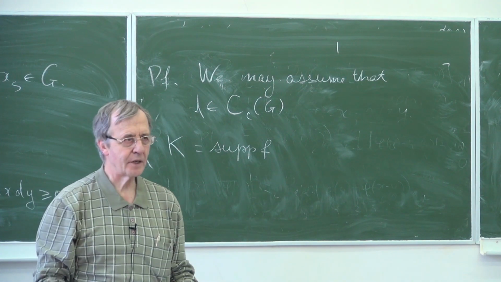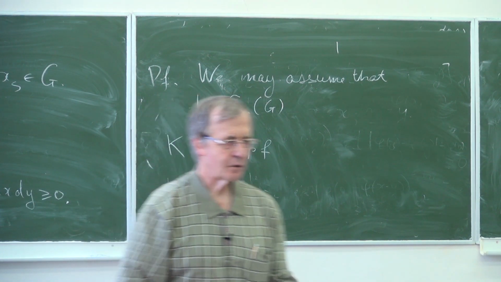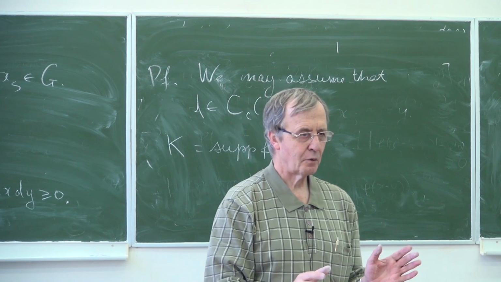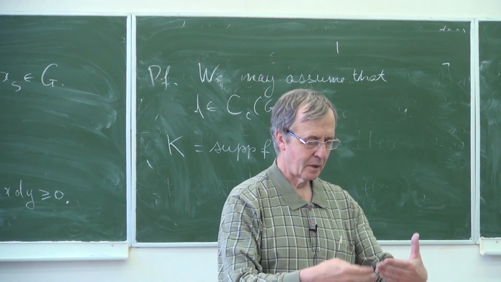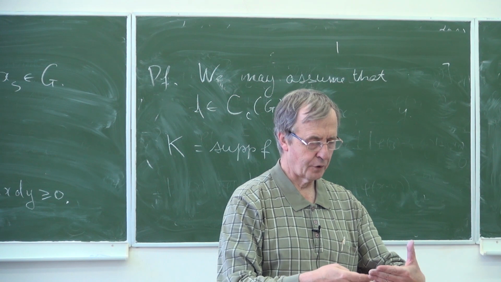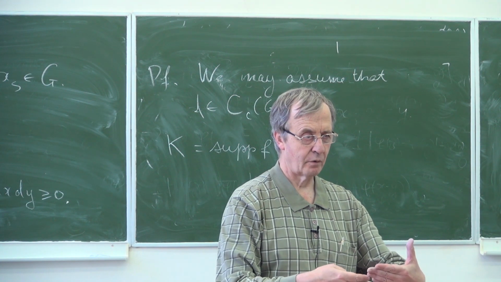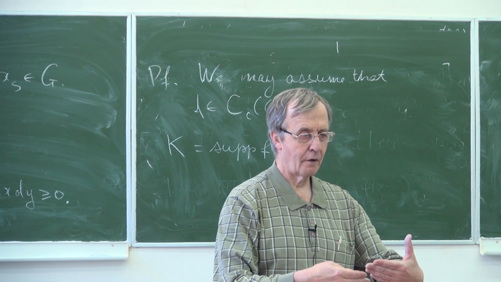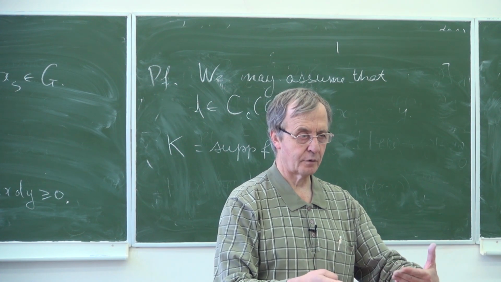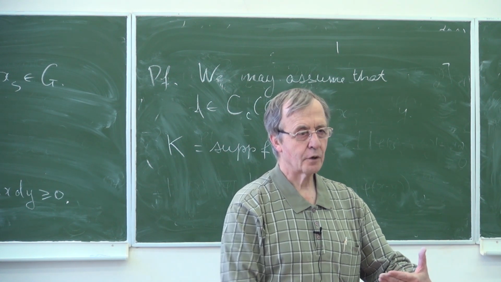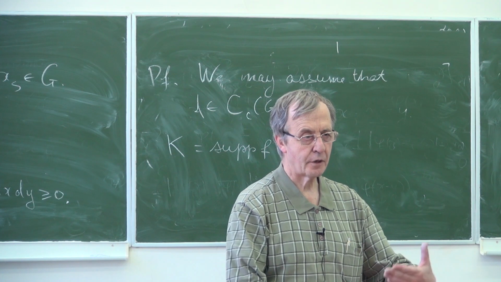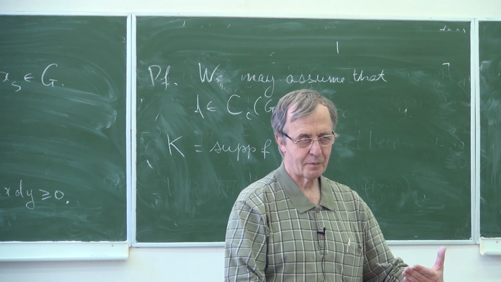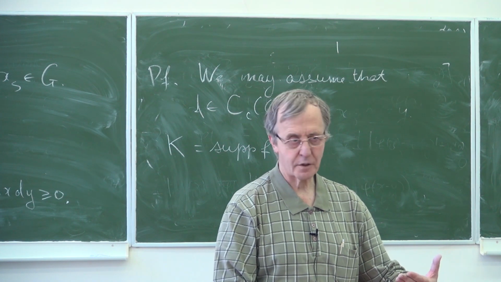then we split this k into disjoint portions, so that on each portion the oscillation of f is very small. f is uniformly continuous, so it is possible to do so. And also we may assume that the oscillation of phi on each such portion is very small.